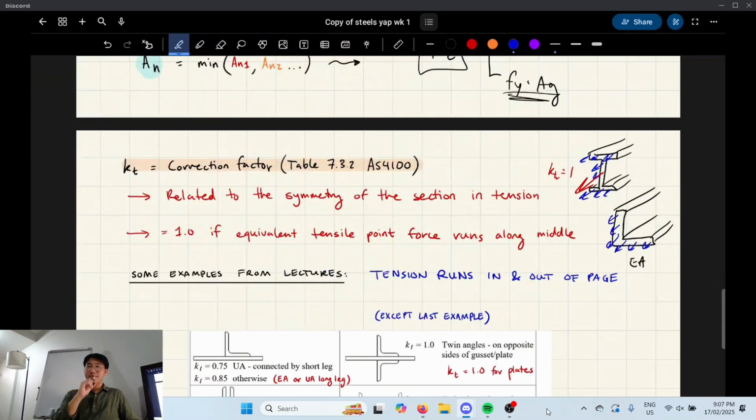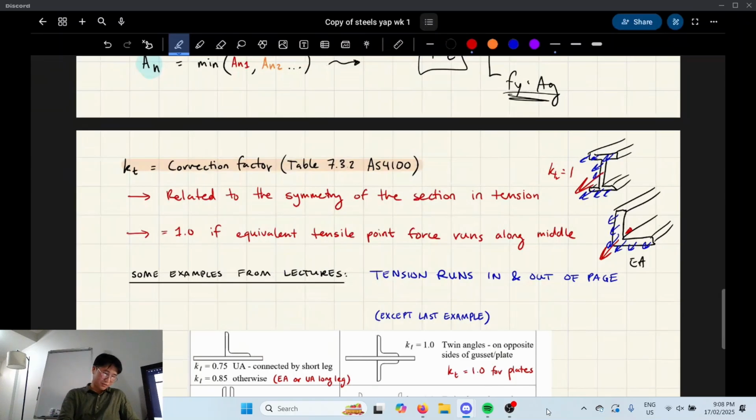It can't be pulled through the air. It's going to be in the corner or something. So that offset is going to cause the correction factor KT to be non-1. Exactly. It's 1 if it's symmetrical and pulled in the middle, and it's less than 1 if it's not pulled in the middle.